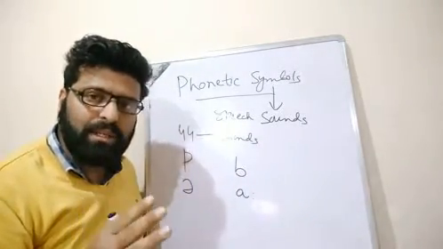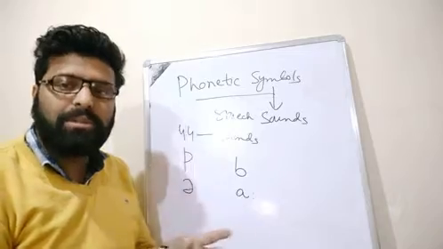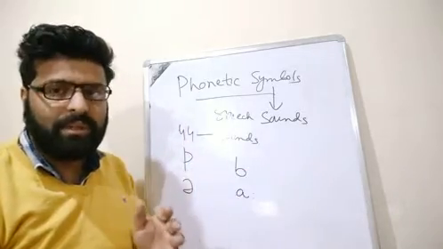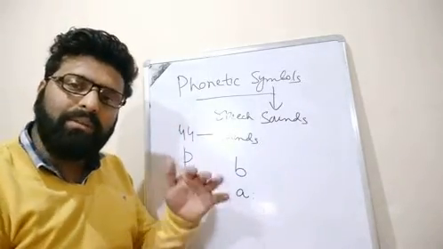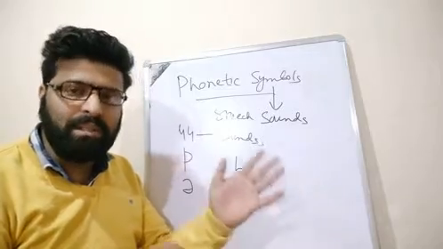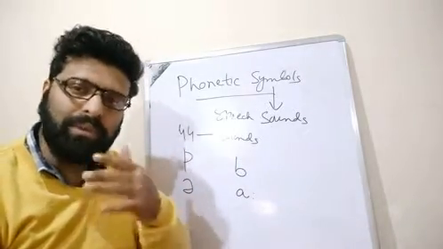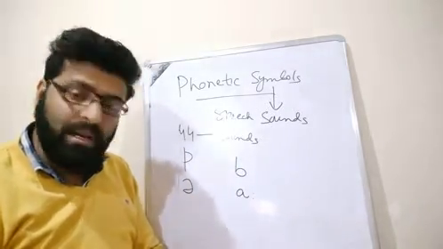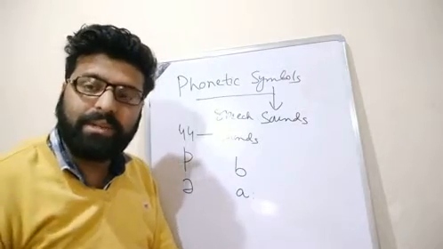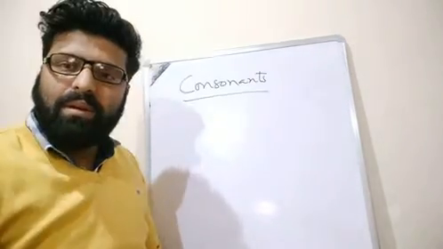Now, dear students, sounds are of two types, consonants and vowels. For consonants, we have different symbols and for vowels, we have different symbols. Let us talk about consonants. Let us see what consonants are.